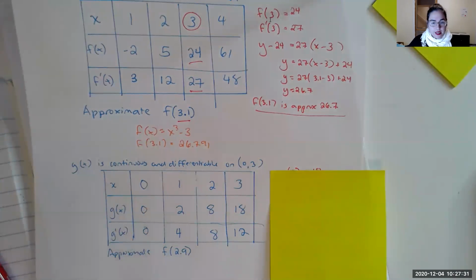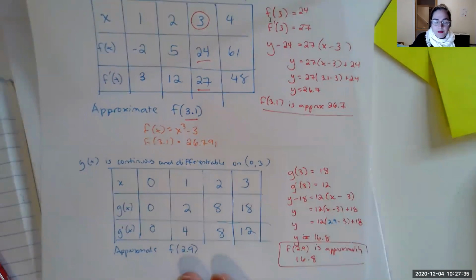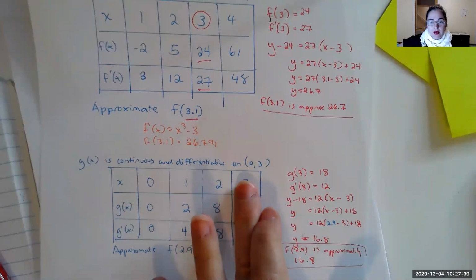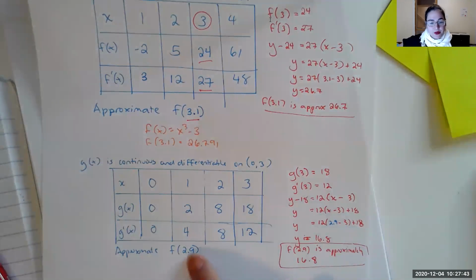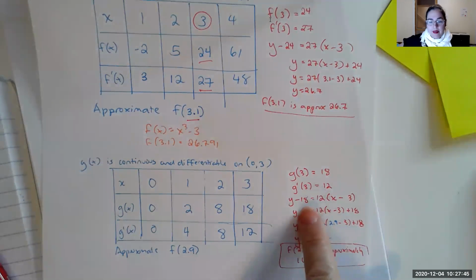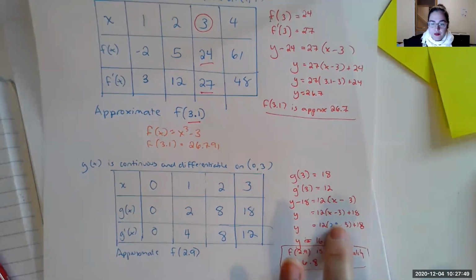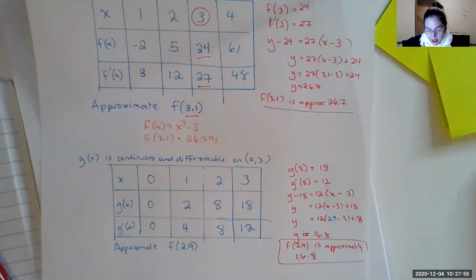Okay, so hopefully you've had a chance to do it and we can check our work here. What's close to 2.9 is 3. So we follow that same process that we did here for 3 because that's pretty close to 2.9. Once we have our tangent line, we can substitute 2.9 in for x and approximate a value. The value we would get would be 16.8.